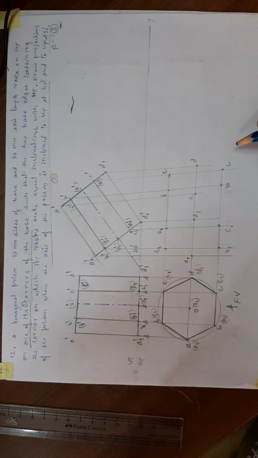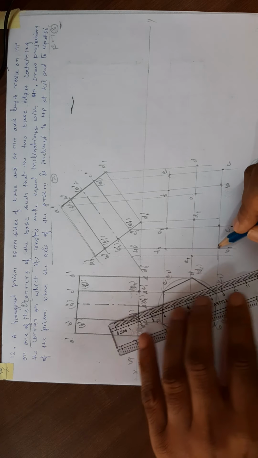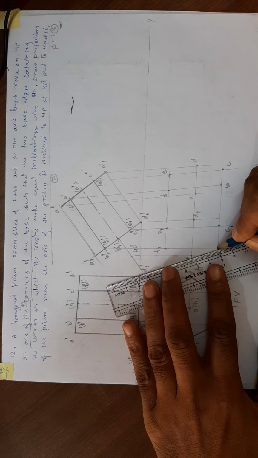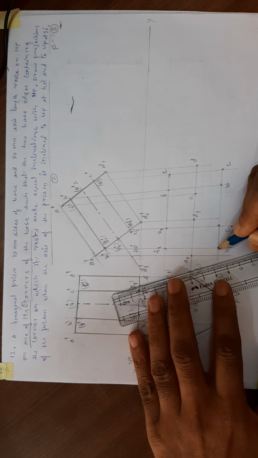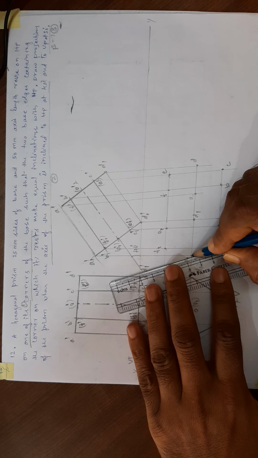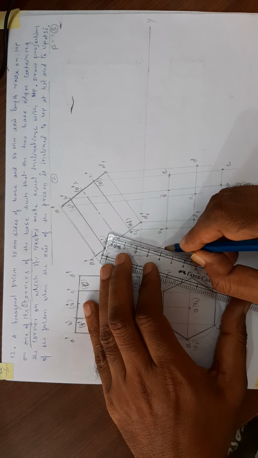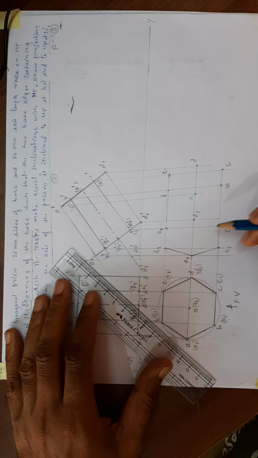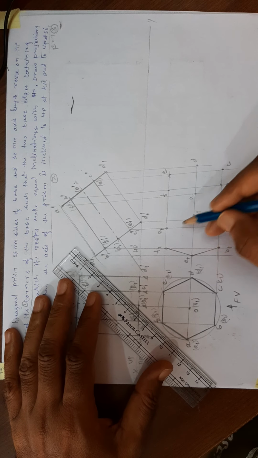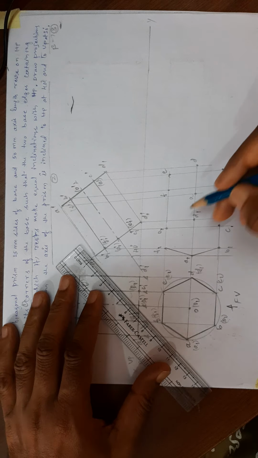Next, join first the outside points to get the outside outline edges. Outline edges are visible, so draw with thick line. Now B1 to A1, A1 to F1, F1 to E1.